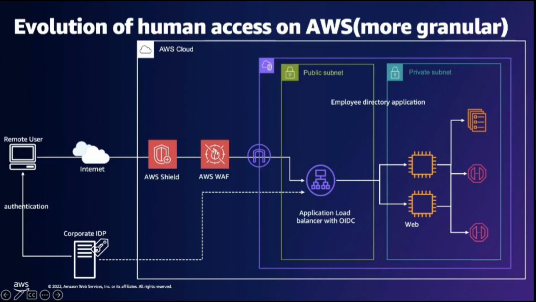So you would first start by authenticating with your identity provider sitting in your corporate ID, and once authentication is successful, then you're able to access the employee directory application. So that's another pattern that we still see even today. Most organizations use it. It depends on the security requirements of each organization.